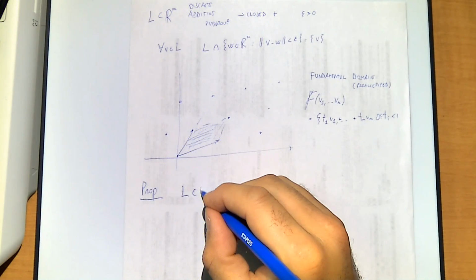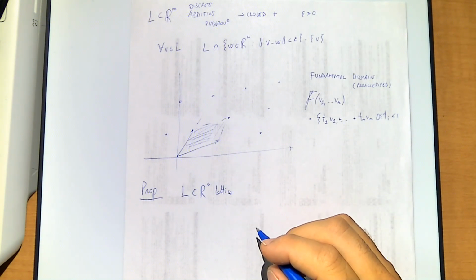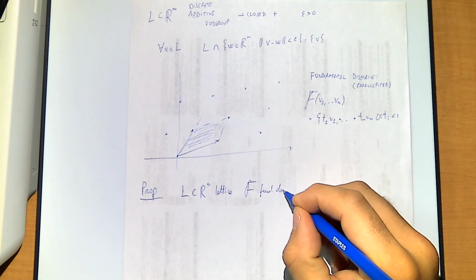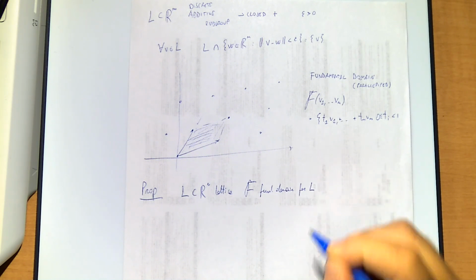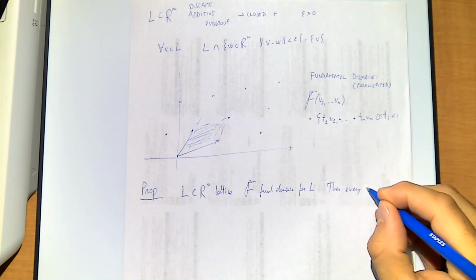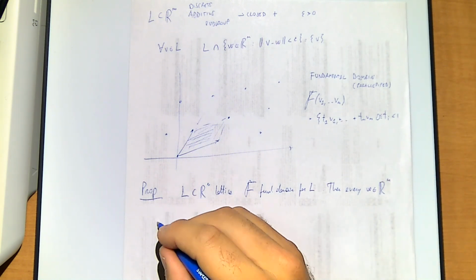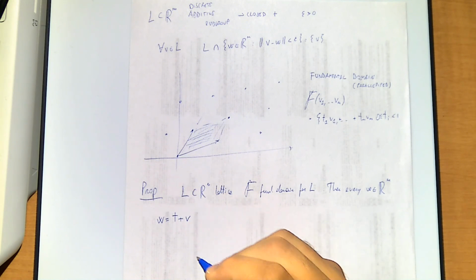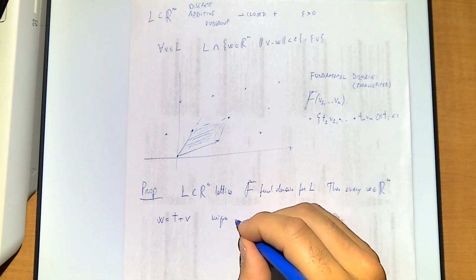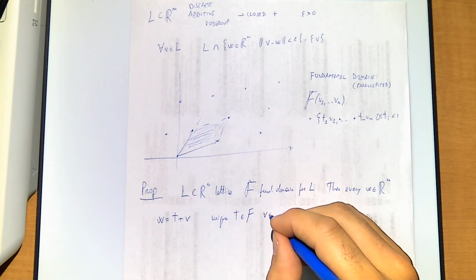If I have a lattice L, and let F be a fundamental domain for L, then every vector w in R^n can be written as t plus v, these are vectors, for a unique t in my fundamental domain, and v a vector in the lattice.